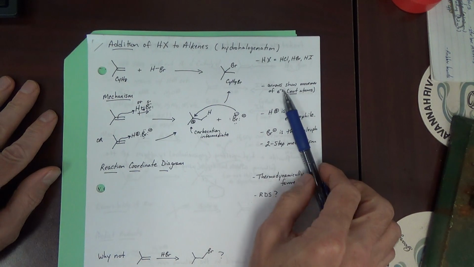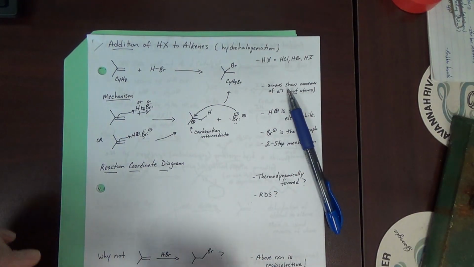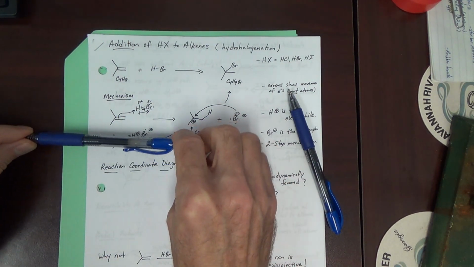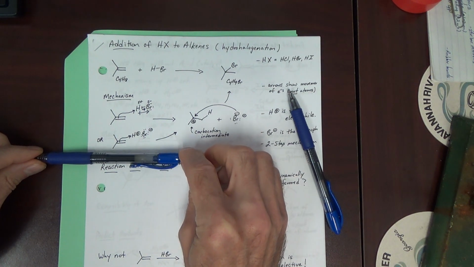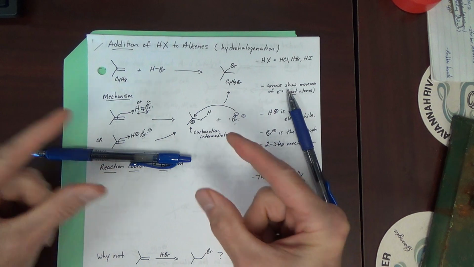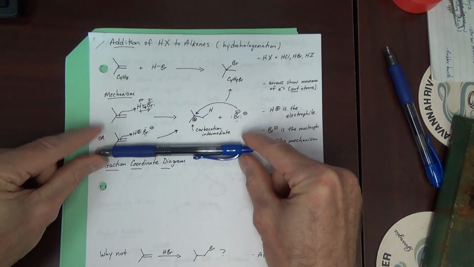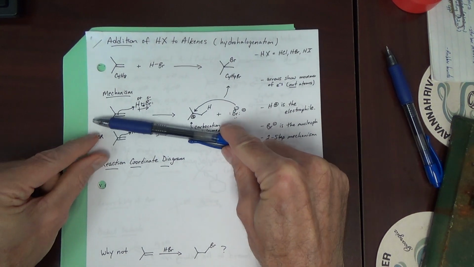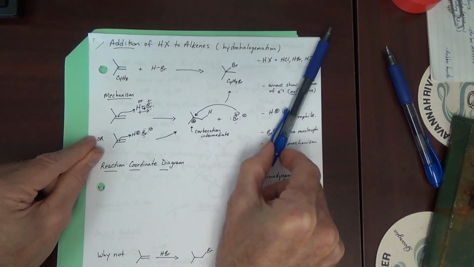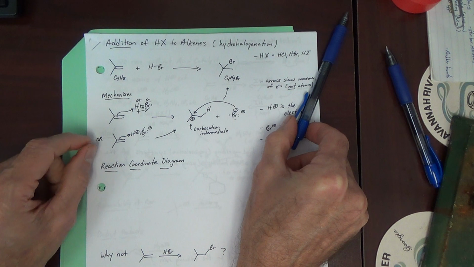What we need to consider, and this is typically the way it's presented, is that these pi electrons are connected to both carbons. They're going to hinge out like this. They stay connected to, here are your two carbons, right here. They break away from this carbon and they hinge, and now this carbon over here is bonded to that H. This carbon is not bonding to the H.